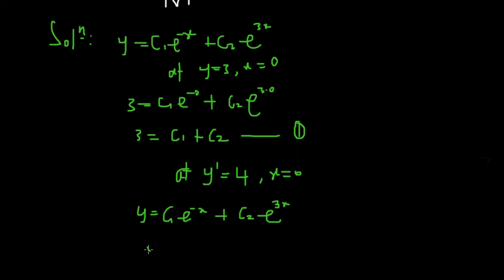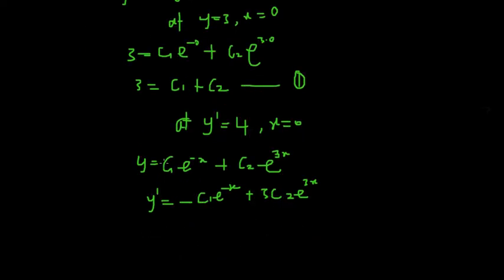Differentiating, we get minus c1 e exponent minus x, and then 3 c2 e exponent 3x.